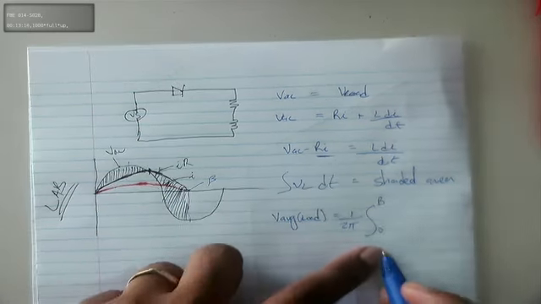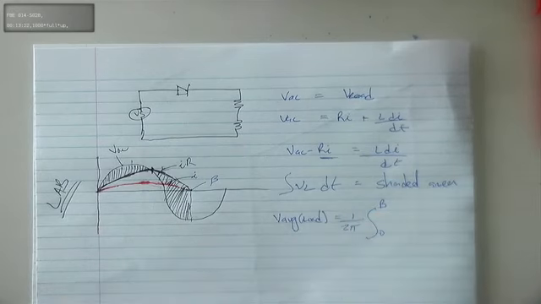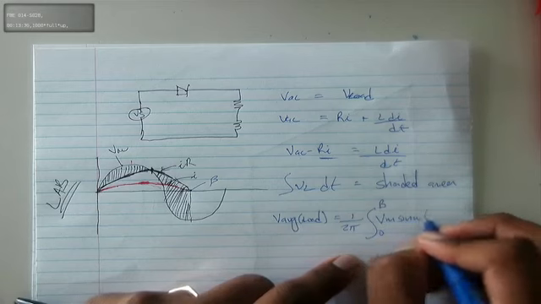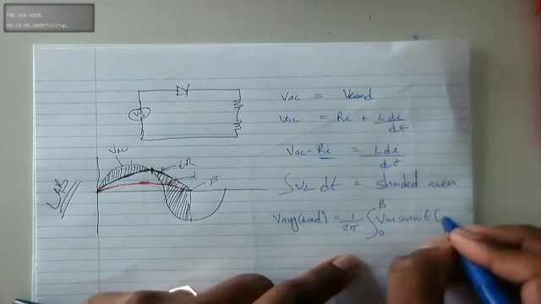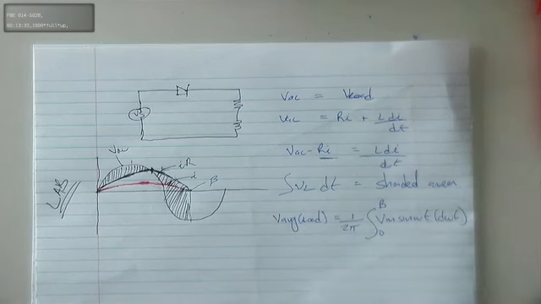So that's why we are going to integrate from 0 to beta Vm sin omega t d omega t. Okay, is it clear?